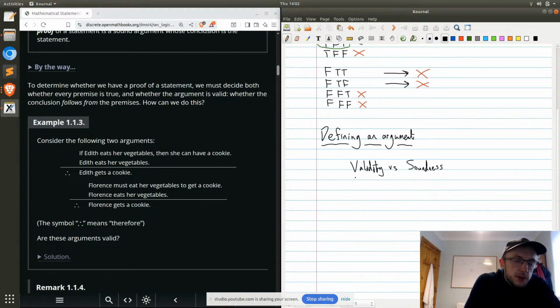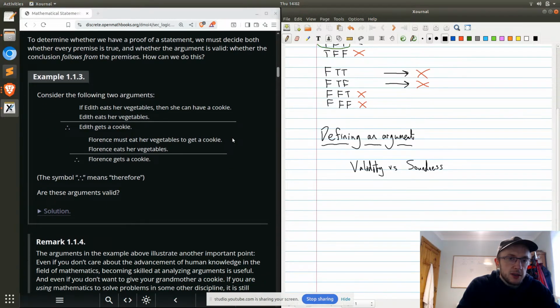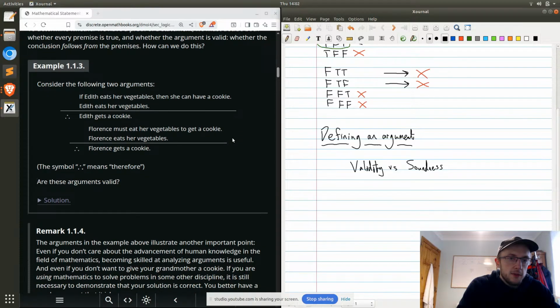By the way, to determine whether we have a proof of a statement, we must decide both whether every premise is true and whether the argument is valid, whether the conclusion follows from the premises. So how can we do this? Consider the following 2 arguments. If Edith eats her vegetables, then she can have a cookie. Edith eats her vegetables.